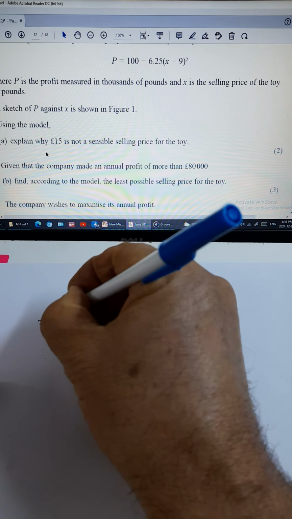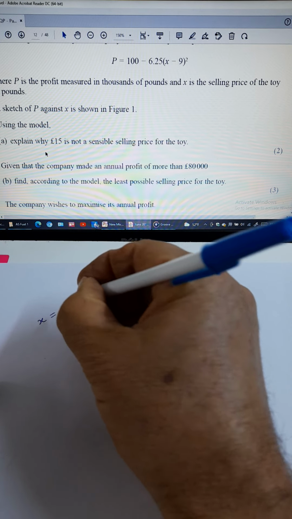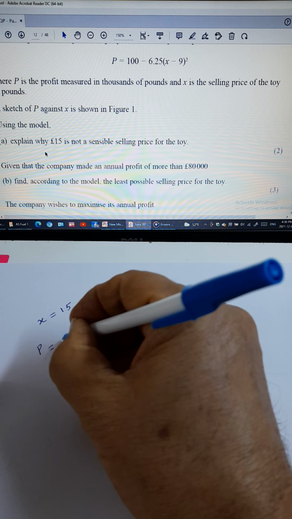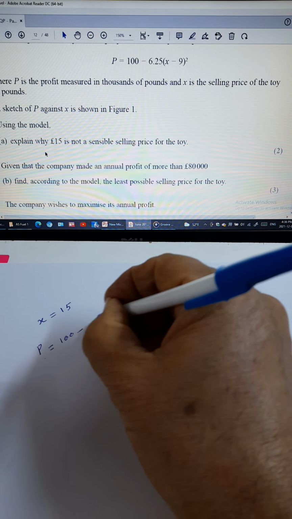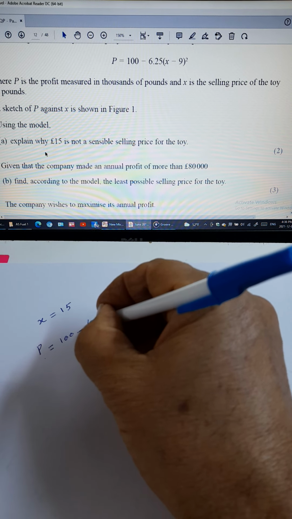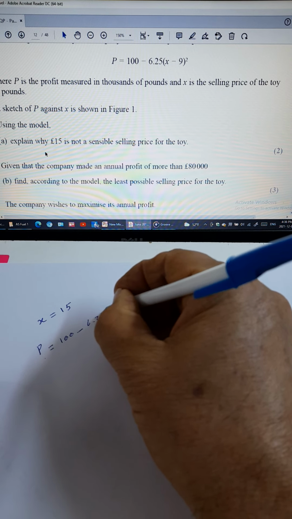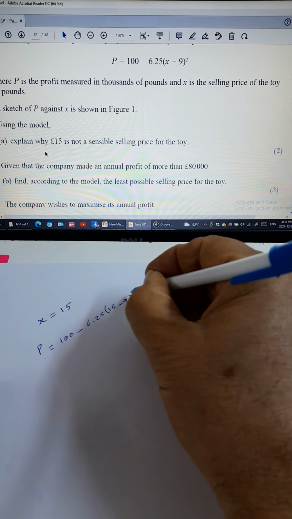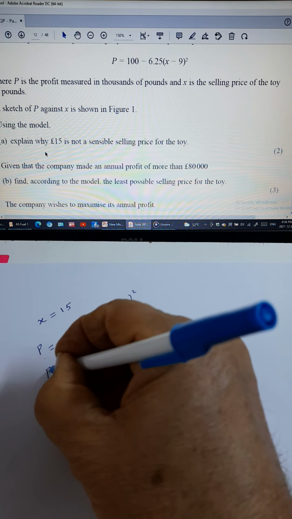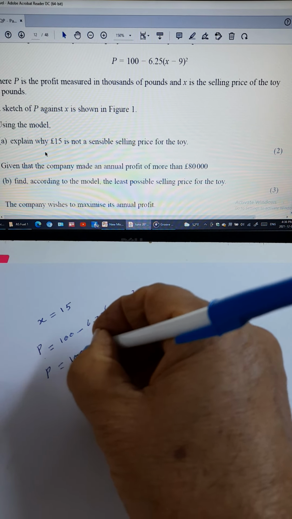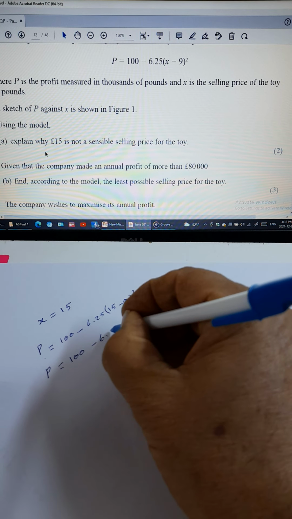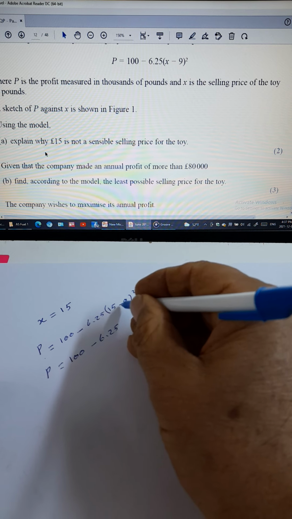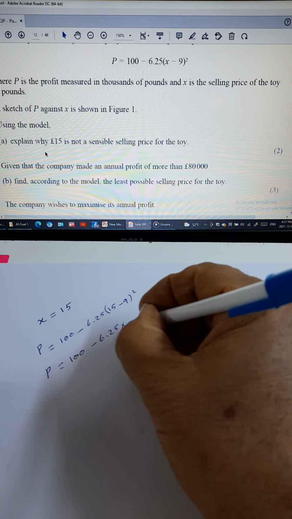x equals 15. This is the supposed price. If we substitute in the equation, P equals 100 minus 6.25 into 15 minus 9 squared. So P equals 100 minus 6.25, and this is 6, 6 squared is 36.